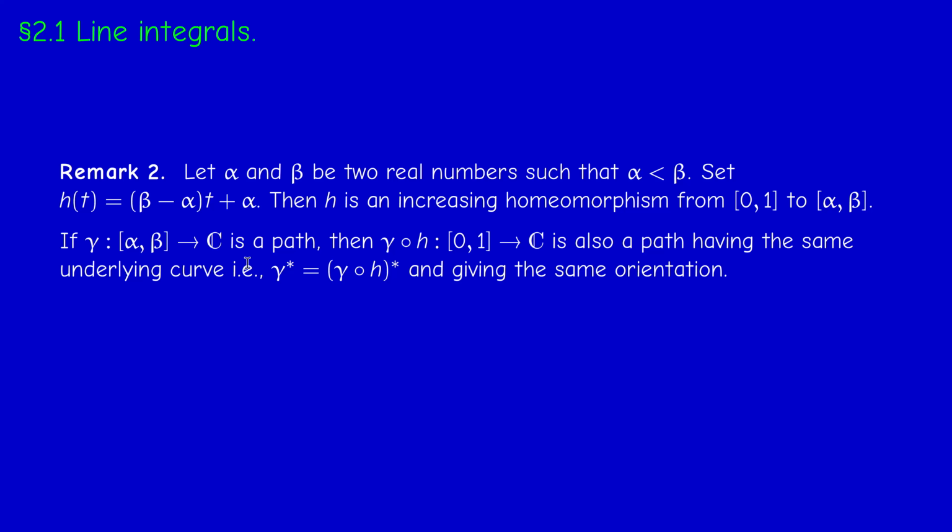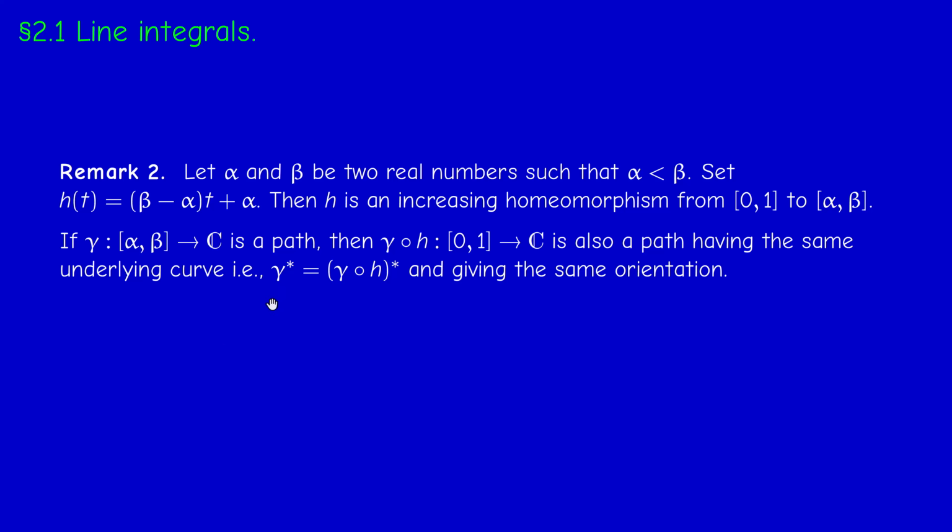If gamma is a path defined on an interval [α, β], and h is this map from [0, 1] to [α, β], then the composition gamma of h is also a path because it's still continuous. If gamma is piecewise smooth, then gamma of h is also piecewise smooth.